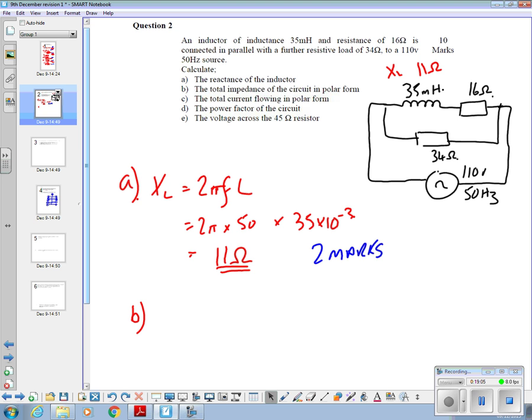So the total impedance of that bit is a complex value because it's got an inductor and a resistor in it. You can't just say 16 ohms plus 11 ohms because remember you've got an angle associated with that XL. So you've got to use the complex values.